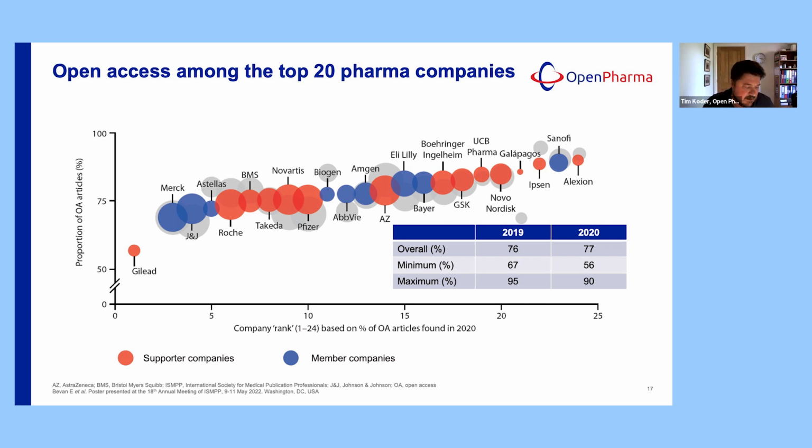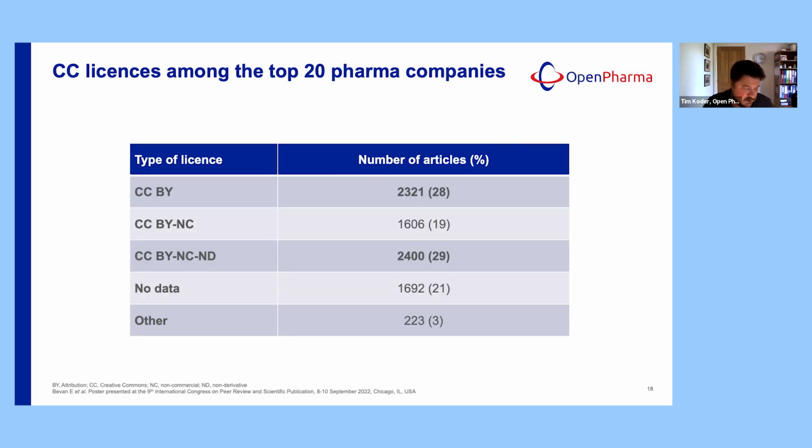And within those, we talk about how open things are. Amber touched on the licensing. If you go back to the Creative Commons licenses among top pharma, you can see that it's a spread. The most open accepted license, CC BY, is just over a quarter, less than a third, of articles published. We'd like to look at that and push a little harder and see how far we can go in making content really reusable.